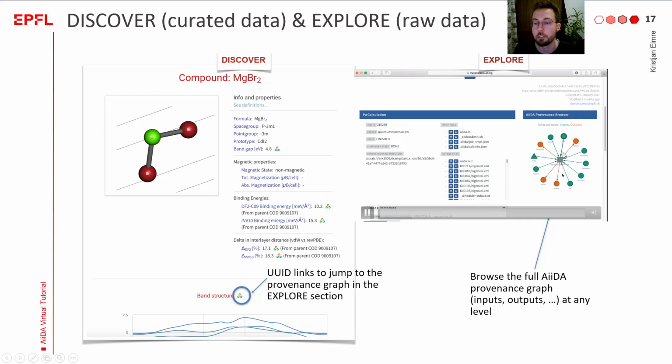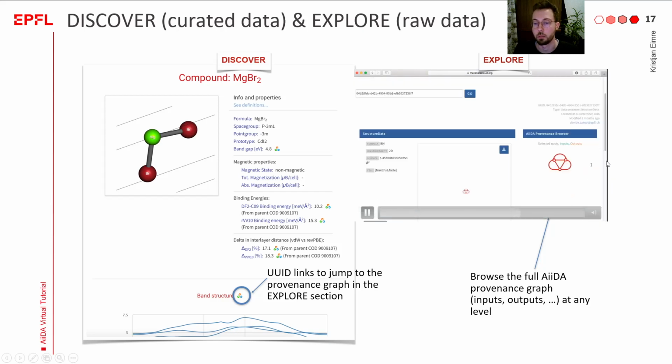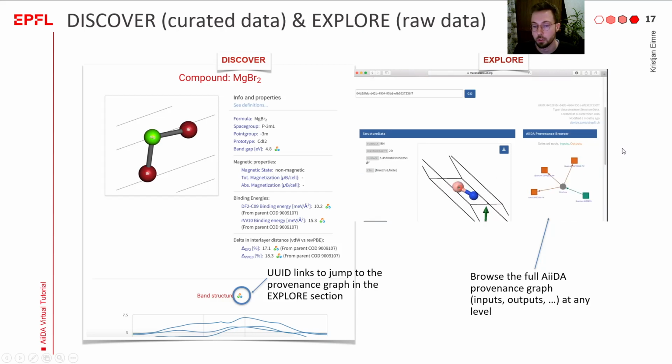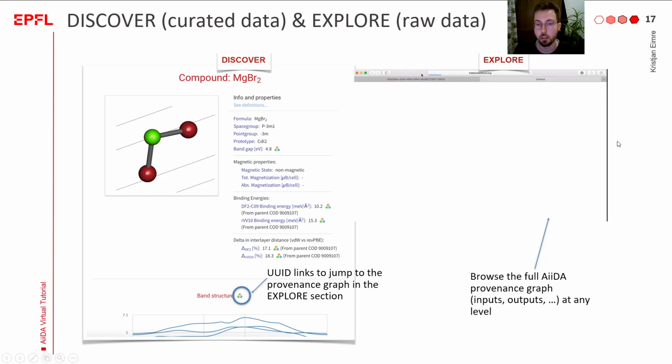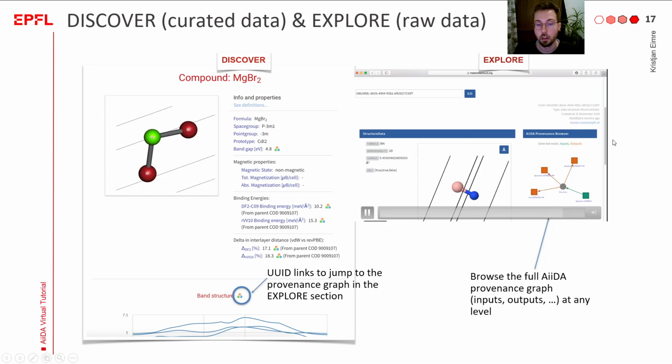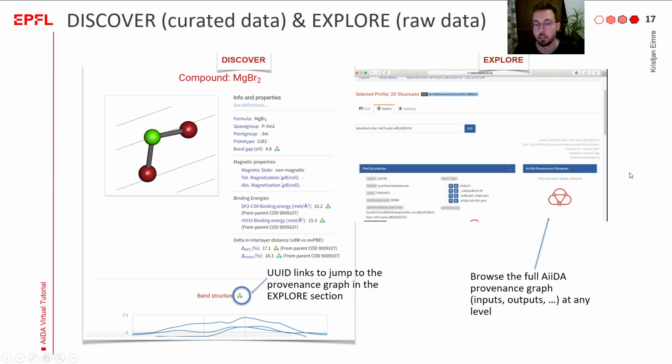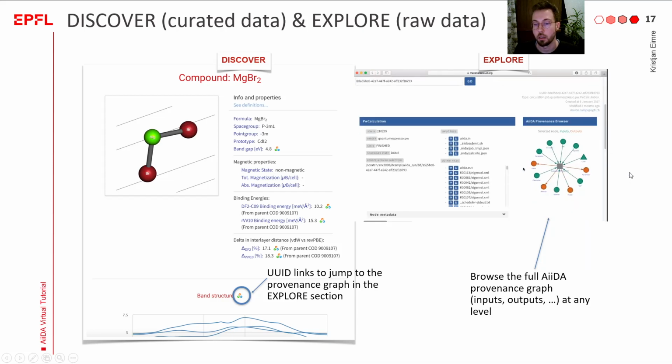You can also see different inputs to this calculation in the provenance browser. For example, this is the input structure of this band calculation, and you can download, for example, the structure, and you can see other inputs and also outputs in the graph explorer.